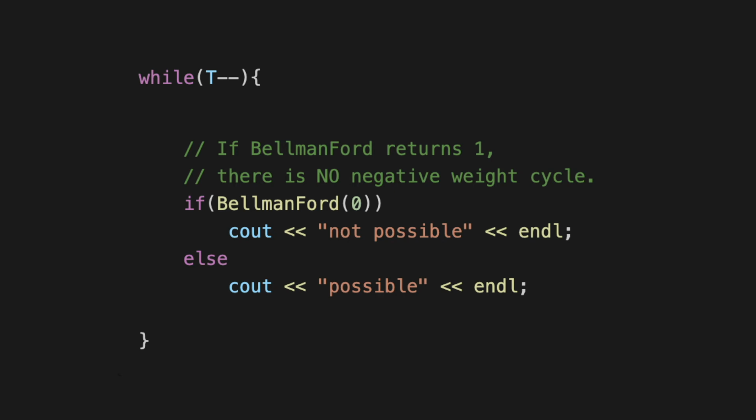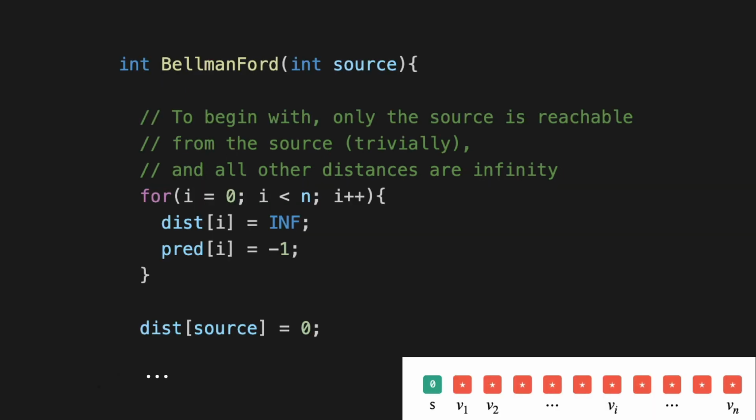Okay, let's move along and talk about how we implement Bellman-Ford. Here is the Bellman-Ford function, which again takes just the identity of the source vertex as its only parameter. The remaining variables that have the information about the graph are global anyway, so that the function can freely access it. So this is simply the initialization.